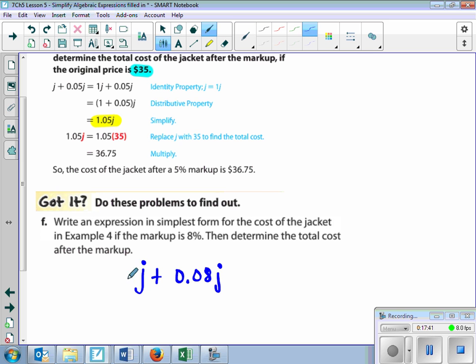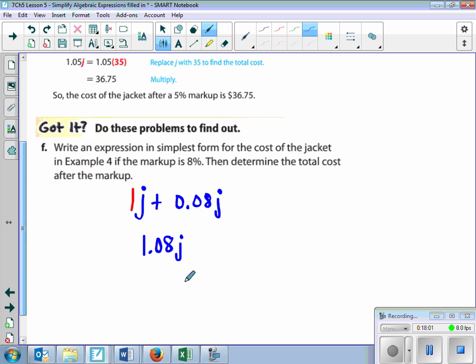So what's in front of this J over here? 1. Not nothing. That's a 1, right? So 1J plus 0.08J gives me 1.08J. And this is my simplified expression. So now we can evaluate when J is equal to $35, right?